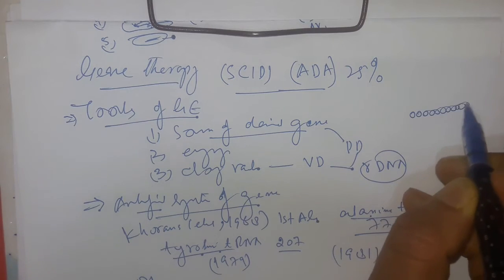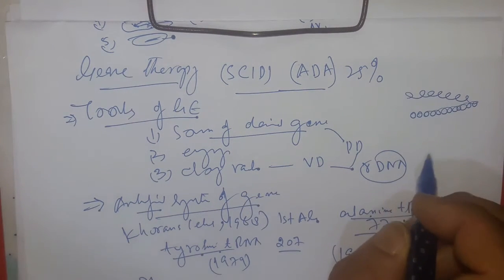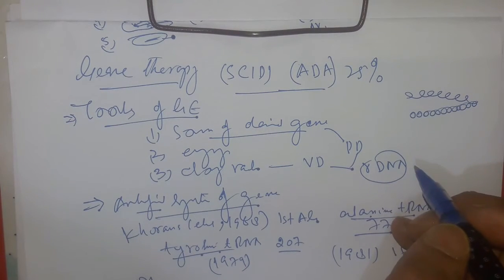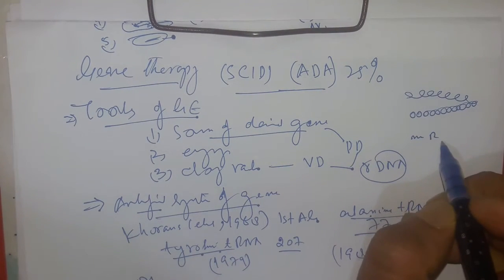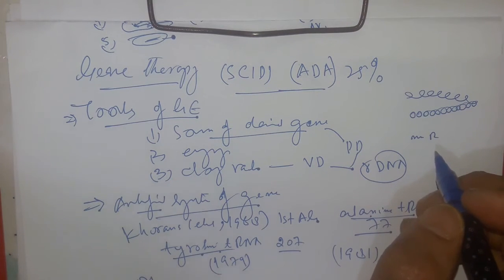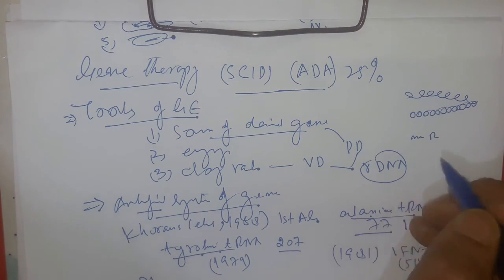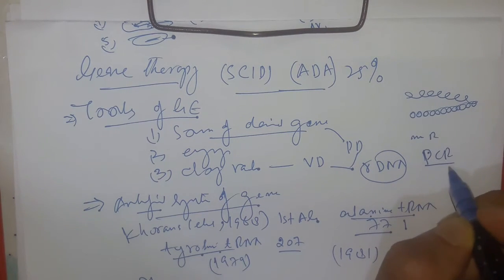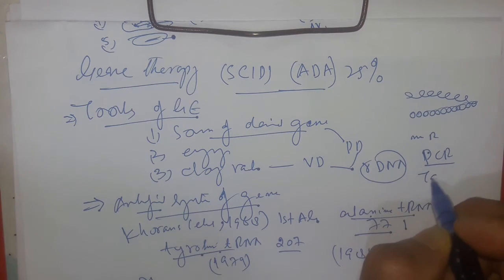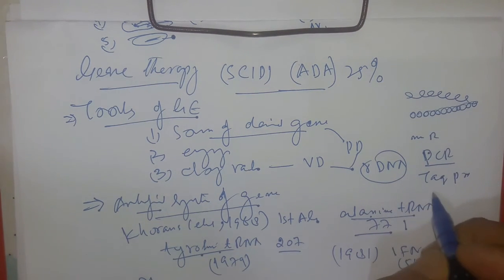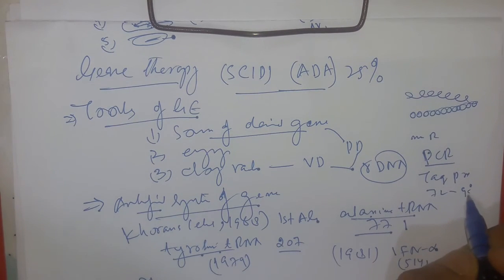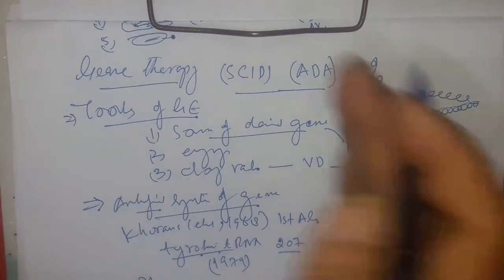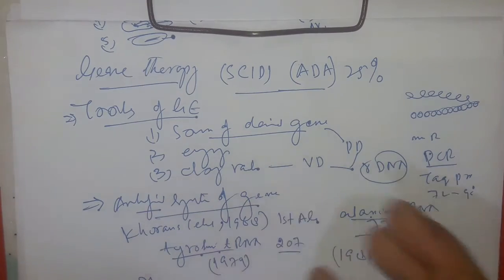Now there is one more important thing, the gene machine. A gene machine is now available which helps in linking nucleotides in a specific sequence to give a gene, followed by PCR, etc. We have PCR with Taq polymerase, and much more than this.